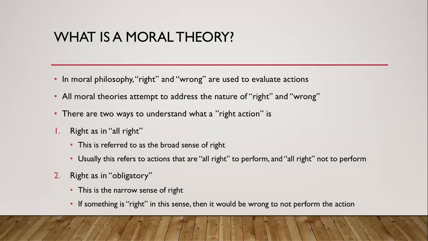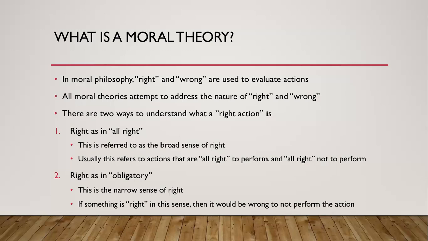Okay, so what is a moral theory? In moral philosophy, right and wrong are different than good and bad. I'm going to talk about what right and wrong mean for the next slide or two. Right and wrong are used to evaluate actions. All moral theories attempt to address the nature of right and wrong. That's part of the point of doing moral philosophy.